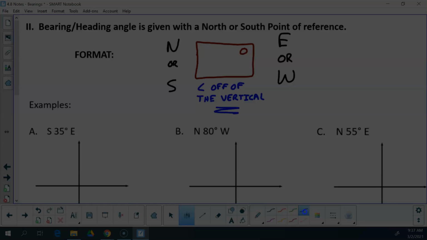Reference angles, remember, come off of the horizontal. Okay? And then east or west is going to tell you if it's going to the right or to the left. If it's going to the left, that's west. If it's going to the right, that's east. All right? Let's try a couple of those.